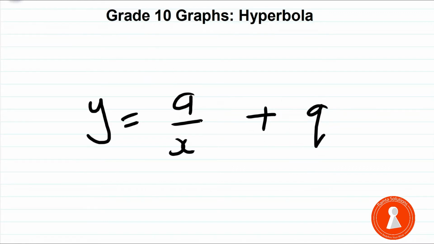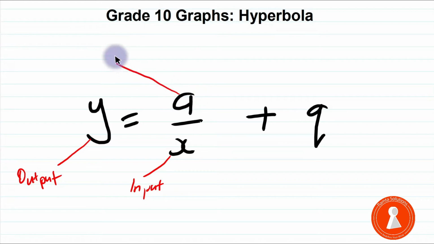Okay, so again, this is still the output, this is still the input. Let me not talk about this one as yet. This basically tells us in which quadrant the arms of the hyperbola will lie.